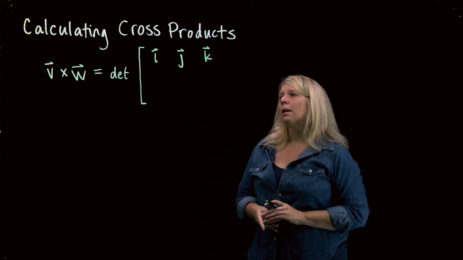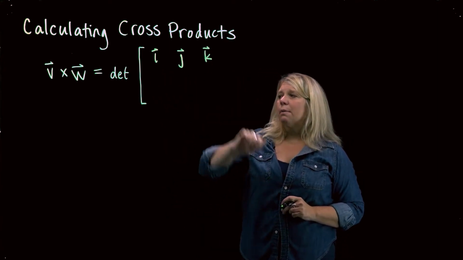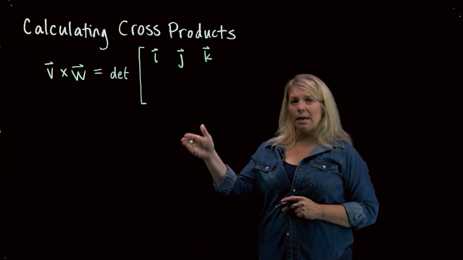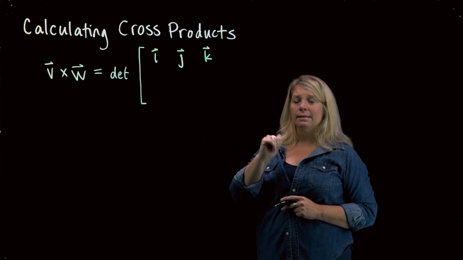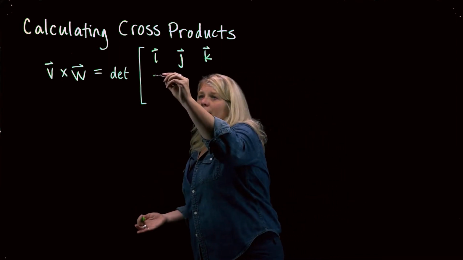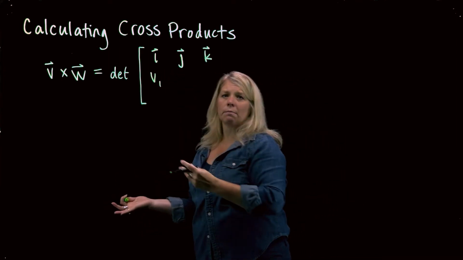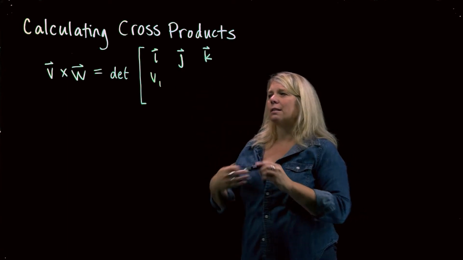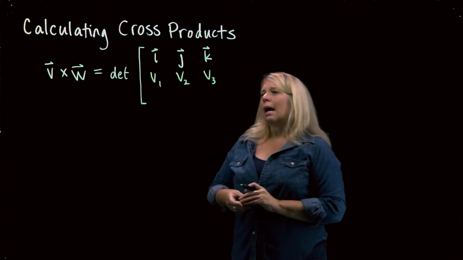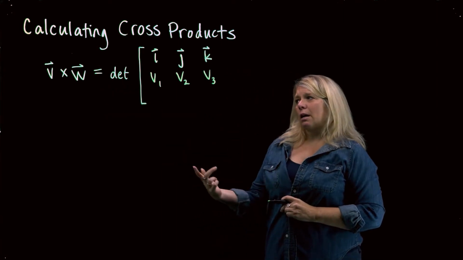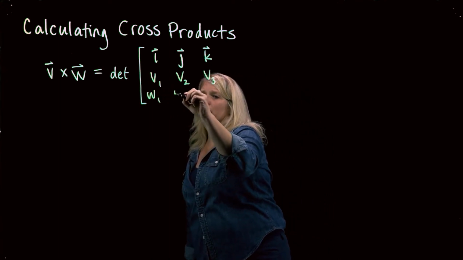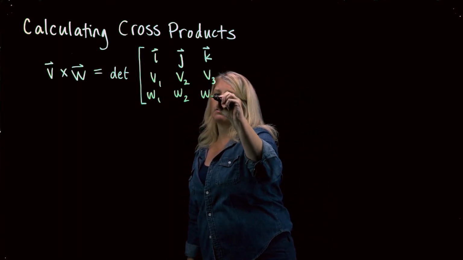Then in the second row of this matrix, you're going to put the components of your vector V. That would be the three components in the direction of the x, y, and z axes for that vector V. We've been using V1, V2, V3 for those. Sometimes people like to use Vx, Vy, Vz. On the third row of the matrix would be the components of the second vector in your cross product, W1, W2, and W3.